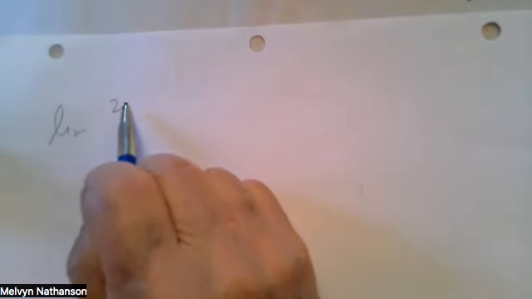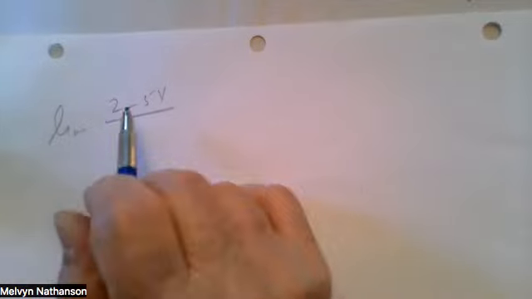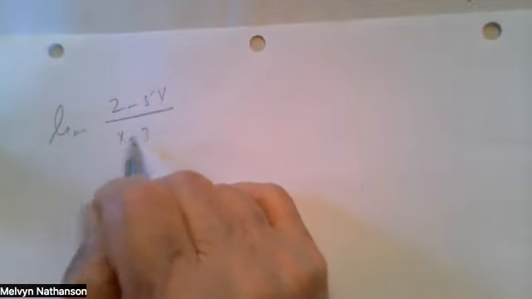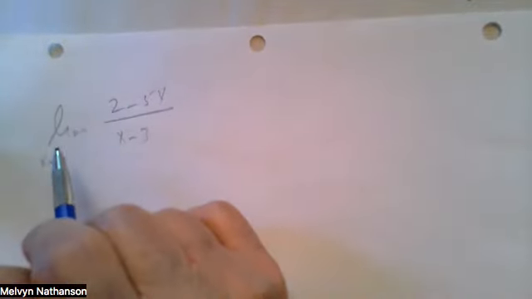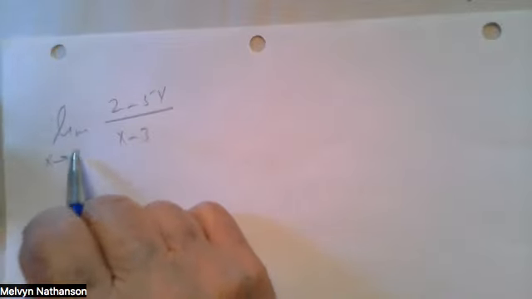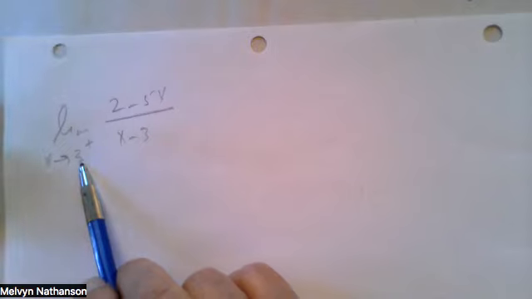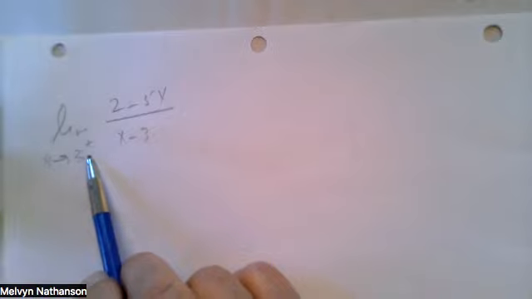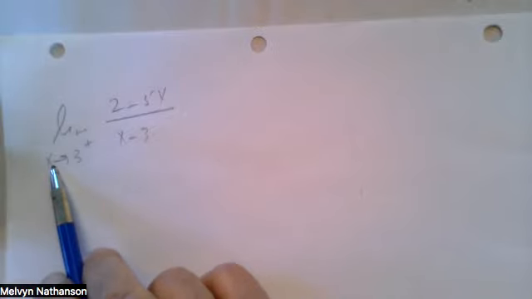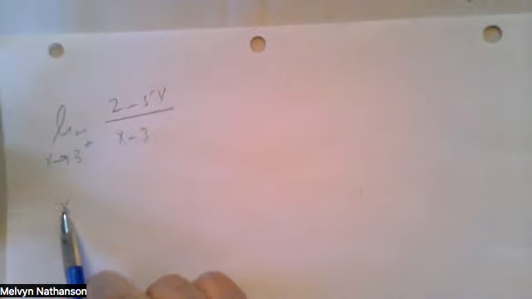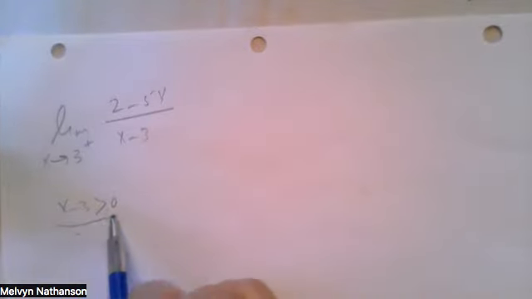So here are a couple more examples. Suppose I take the function 2 minus 5x over x minus 3, and I want to know what is the limit as x approaches 3 from the right. So this means I choose values of x getting closer and closer to 3, but always bigger than 3. So if x approaches 3 from the right, x minus 3 is always positive.